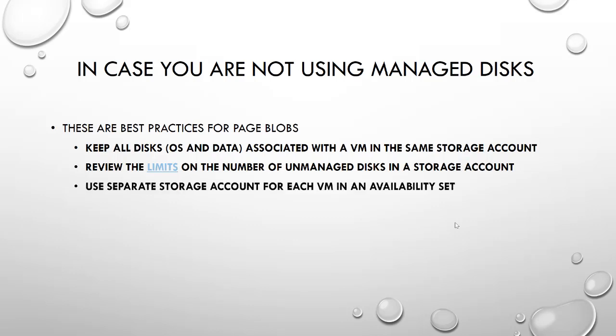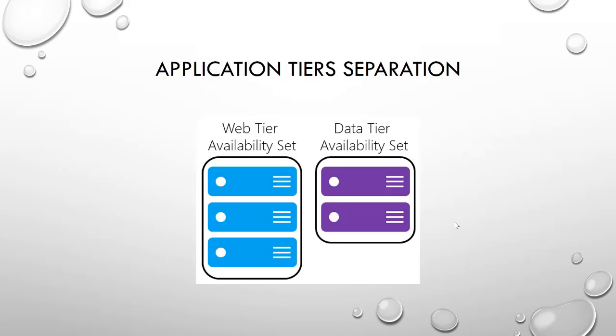Also, use separate storage accounts for each VM in an availability set. This will keep your application up and running in case the storage account goes down. If you were to have all the virtual machines in your resource group in one storage account, and that storage account goes down or becomes unavailable, like we had the opportunity to experience with Microsoft Azure, all your VMs will be unavailable.